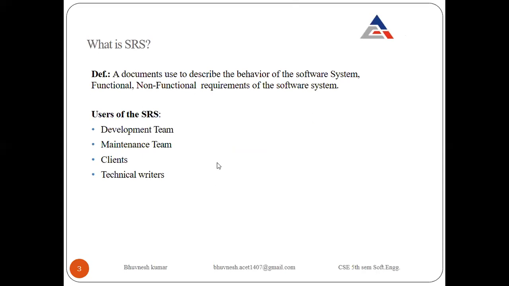A simple definition is a document used to describe the behavior of software, the project that we developed. As a developing team, the project that we developed should be described in a document, and all the behavior, all the functionalities, all the non-functionalities, all the requirements should be mentioned in your SRS.